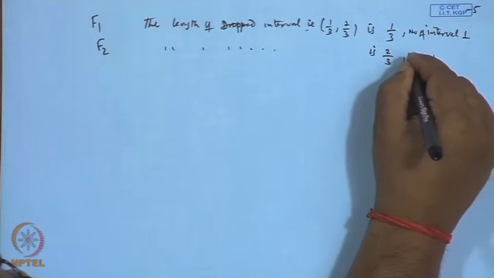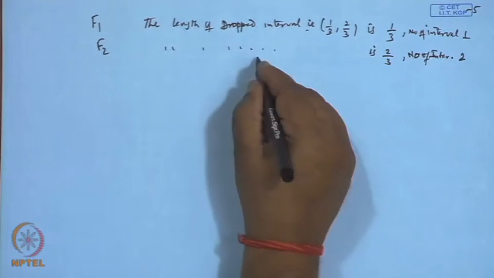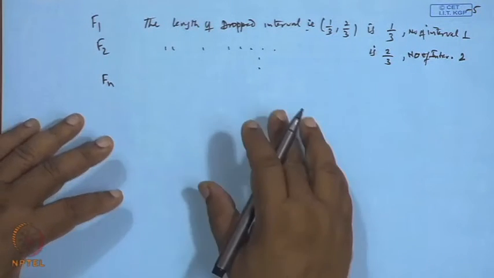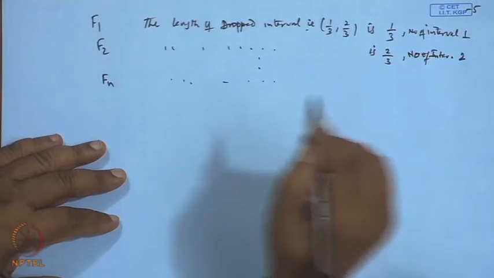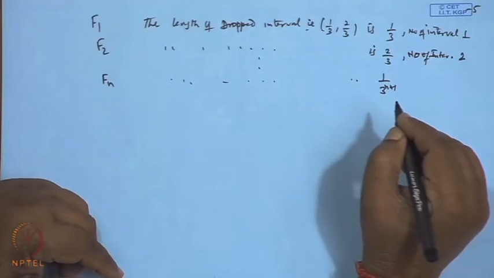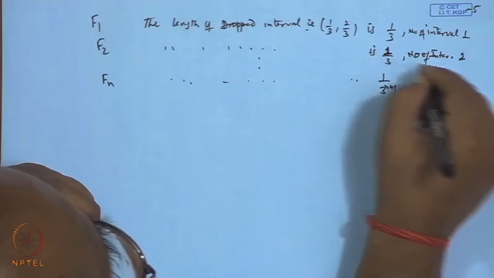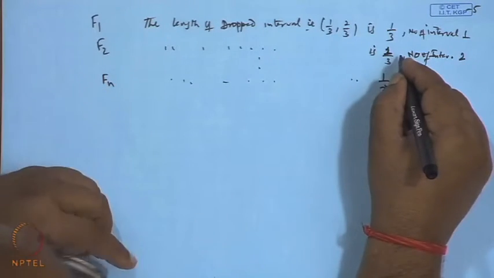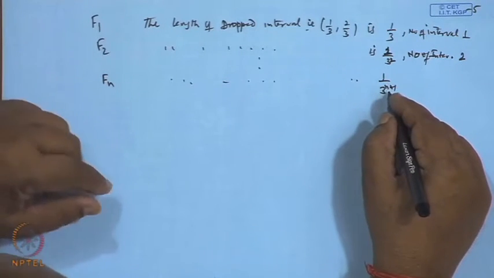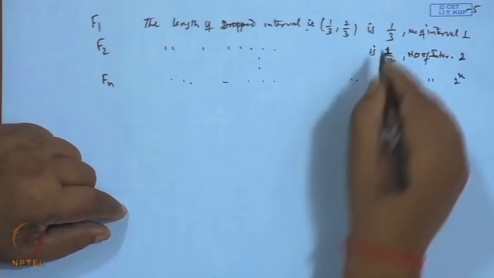In the second case, the length of the dropped interval is 1/3 squared and the number of intervals is 2. Continuing this, for F n the length of the dropped interval is 1/3 to the power n plus 1, and the number of intervals is 2 to the power n.